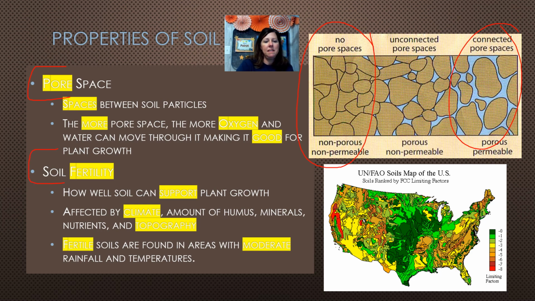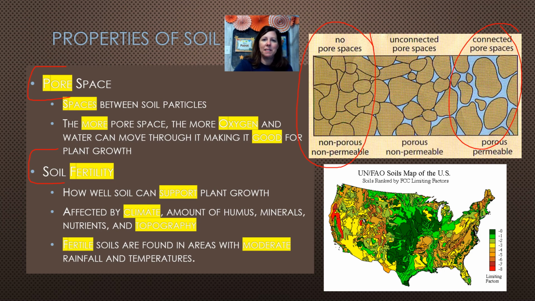Soil fertility means how well soil can support plant growth. It's affected by the climate, the amount of humus, the minerals in the soil, the nutrients, and the topography. Fertile soils are found in areas with moderate rainfall and temperature, and that's just common sense.